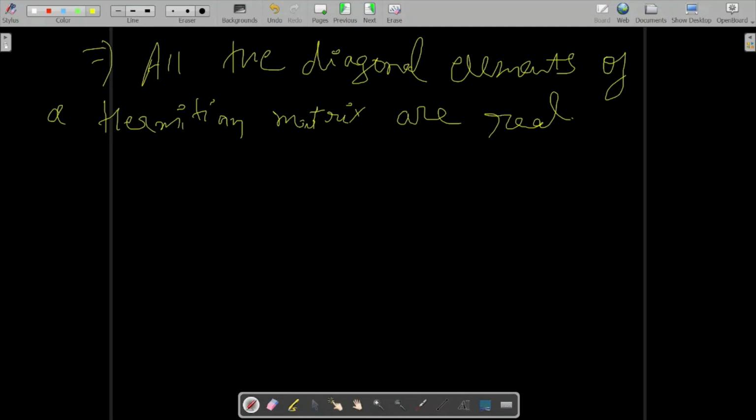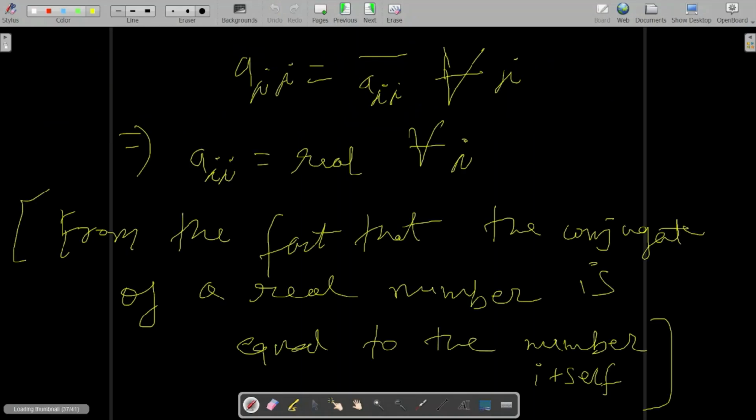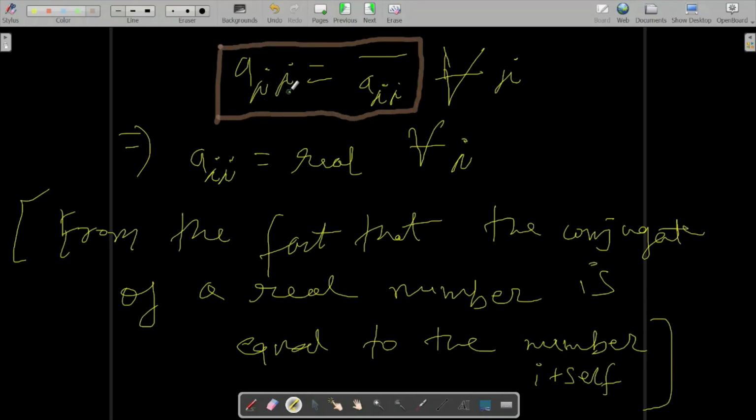From here we can prove this. Now we will look at the proof of this: if the conjugate of a number is equal to the number itself, then such a number is a real number. We will look at that.